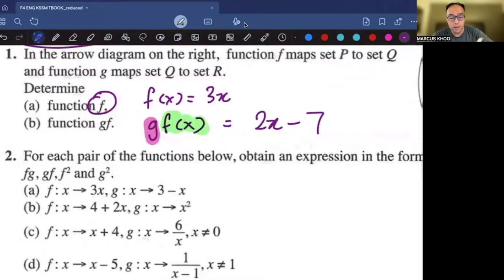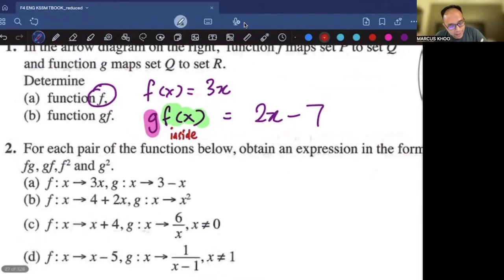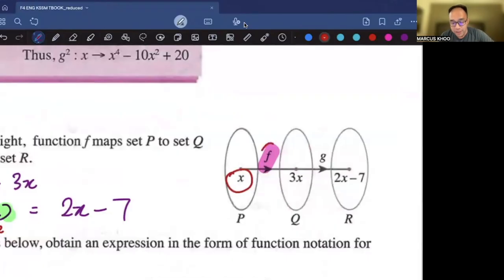I used to call this, and I'll talk about it in a little while, the inside function, meaning the one that is nearest to the object, and this one is the outside function. Right now, the first function, nearest to the original object x, is the inside function, and the second function, a little bit further, is the outside function.